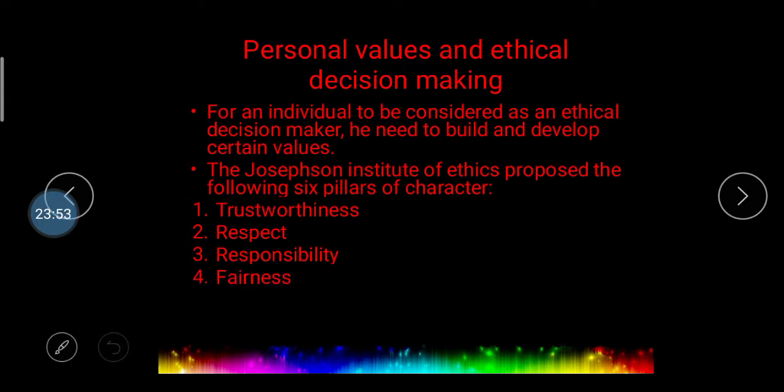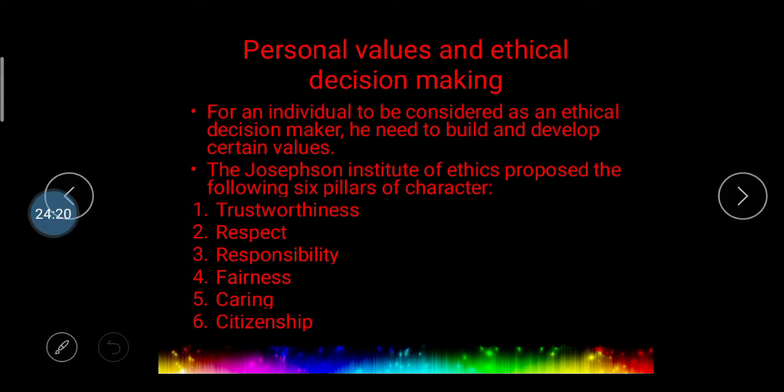Then the fourth pillar is fairness. You cannot show any partiality, you cannot make any difference between any parties whenever you take an ethical decision, right? Then the fifth pillar is caring. You have to care about all the parties concerned in your total business or in your profession, right?